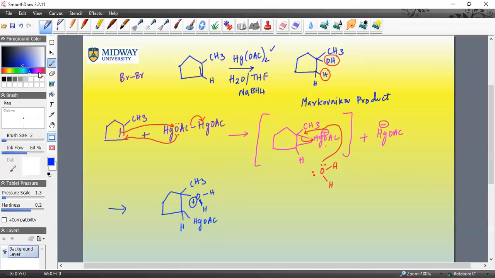Let's go get another color. Well, another thing people forget is just because there's one water written here, that doesn't mean there's only one drop of water or only one molecule of water. There's probably plenty more water out there. So what's going to happen here is this hydrogen would react with this lone pair, okay? Because this is an unstable situation, okay?